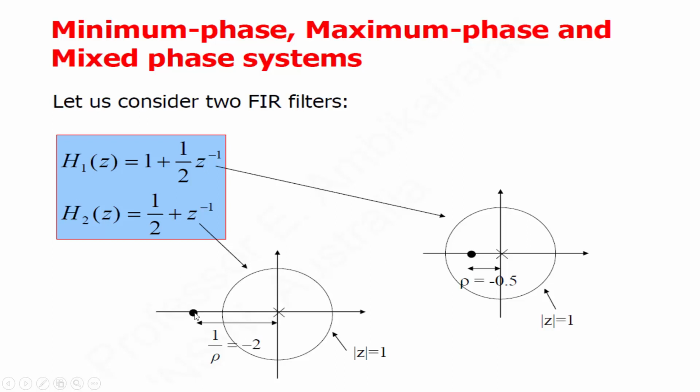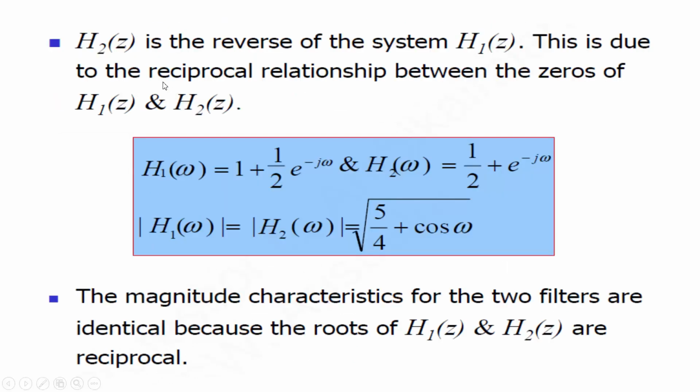If you take the reciprocal, the zero will come outside the unit circle, but the important point is that you are taking the reciprocal of the zero. So these two systems define this characteristic basically. Now H2(z) is the reverse of the system H1(z). This is due to the reciprocal relationship between the zeros of H1(z) and H2(z).